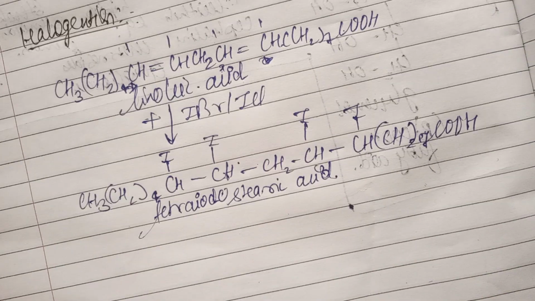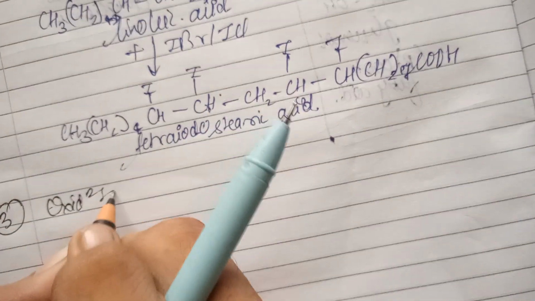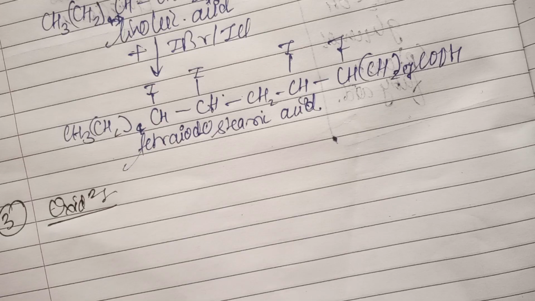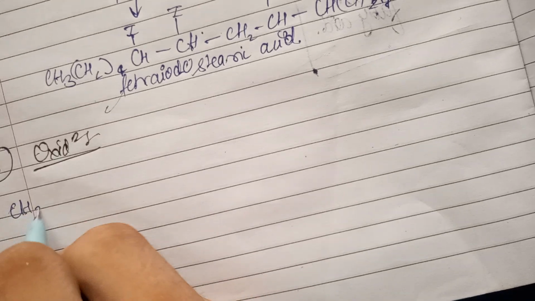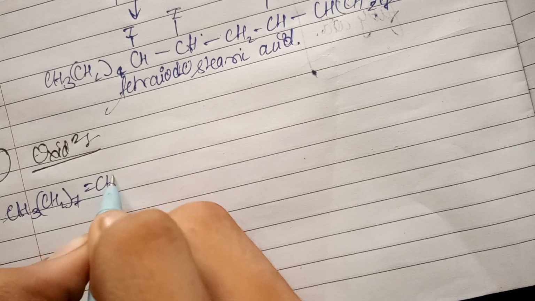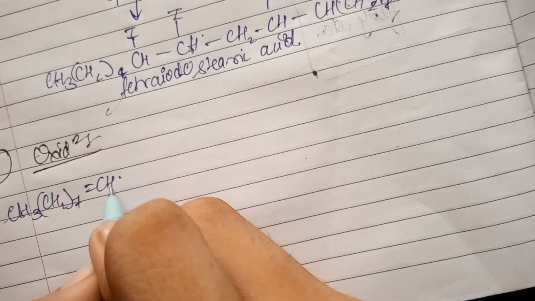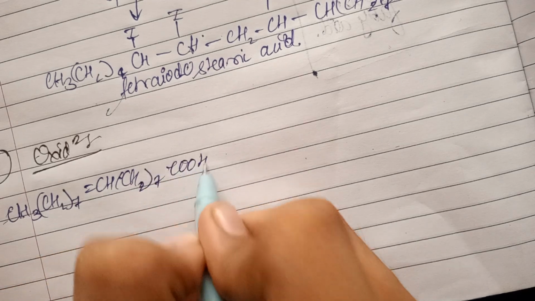The next reaction is oxidation. Oxidation is a very famous reaction. For example, let us take oleic acid: CH3 (CH2)7 CH double bond CH (CH2)7 COOH.